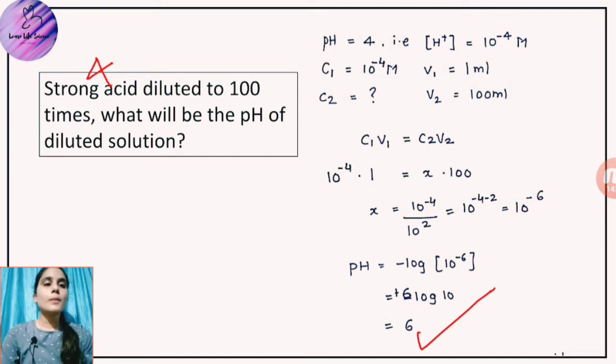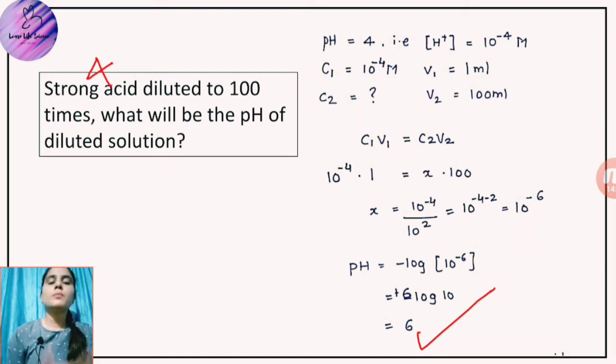Now by applying a simple formula, that is C1 V1 is equal to C2 V2, just add the values, and we are considering the unknown concentration of hydrogen ion as X. So X will be equal to 10 raised to minus 4 divided by 100, or I have written here 10 raised to 2, which will be equal to 10 raised to minus 4 minus 2, that is 10 raised to minus 6. Now this is the final concentration of hydrogen ion in the solution. This is the concentration of hydrogen ion in the diluted solution.